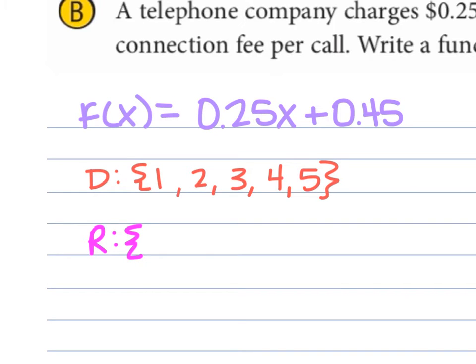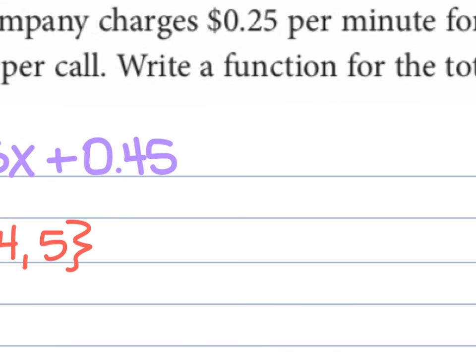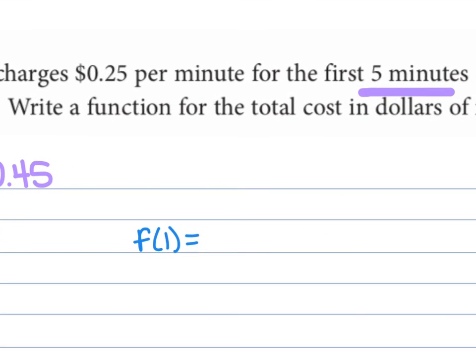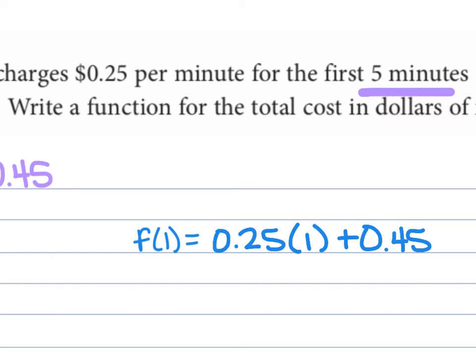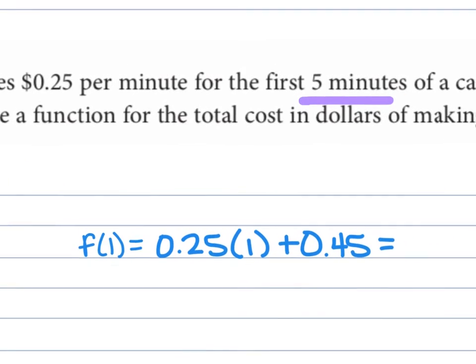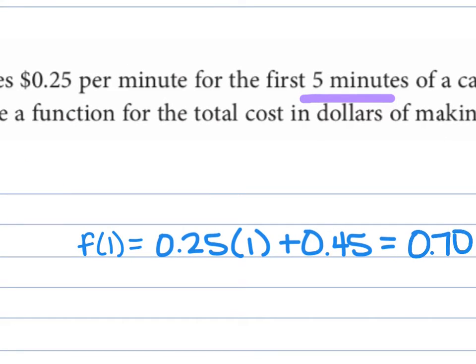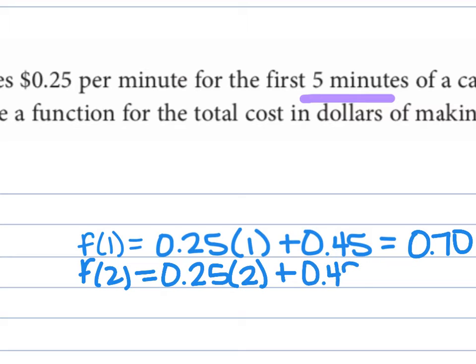So we are going to start by doing f of 1. f of 1 is going to be the 0.25 times 1 plus 0.45. This is going to give us 70 cents. f of 2 is going to be 25 cents times 2, so 50 plus 45 cents.